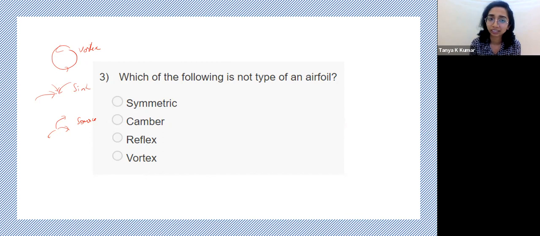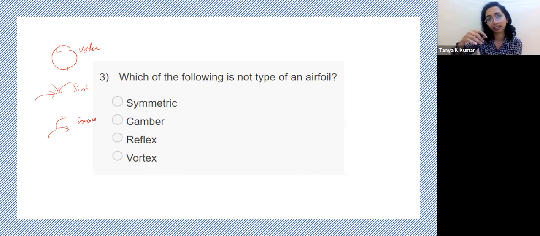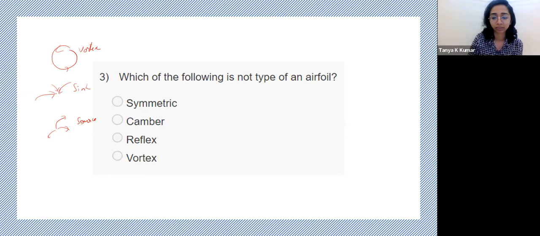What are reflex airfoils? Those which have their camber line cut across the chord line. Okay, correct. So you have a slight upward bend towards the trailing edge. Why do we need this? For positive CM0 of the wing. Exactly.